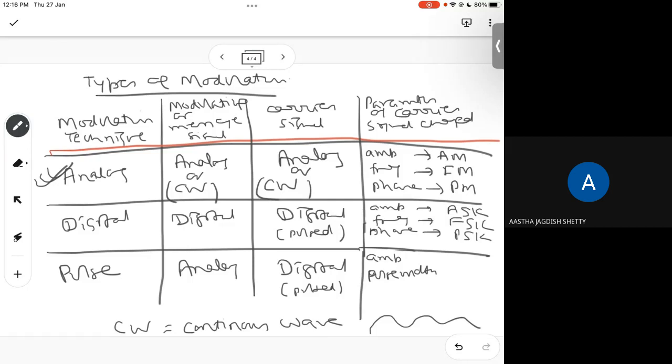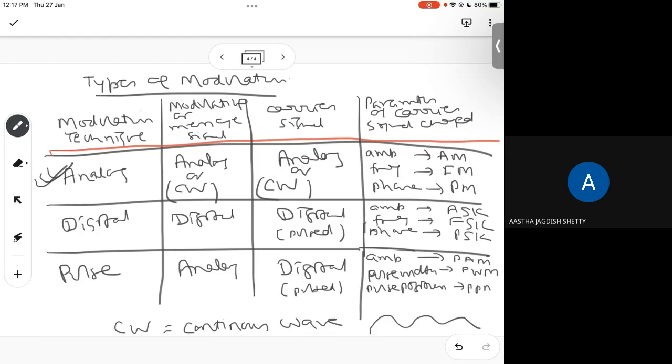Another parameter of the carrier which I could change is the pulse position. Where the pulse starts, where the pulse ends. So again, here I could get what we call PAM, pulse amplitude modulation, pulse position modulation, PPM, and pulse width modulation.